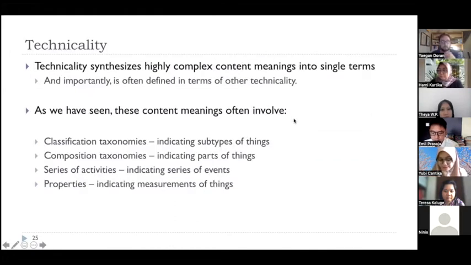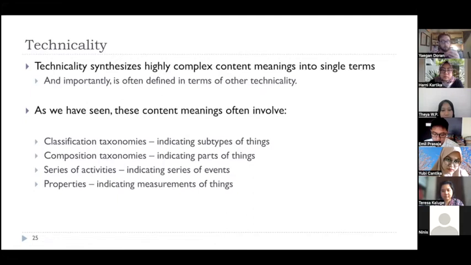So, importantly for us, one of the ways in which specialized terms occur in subjects like the sciences or in academic discourse is through technicality that synthesizes highly complex content meanings into single terms.